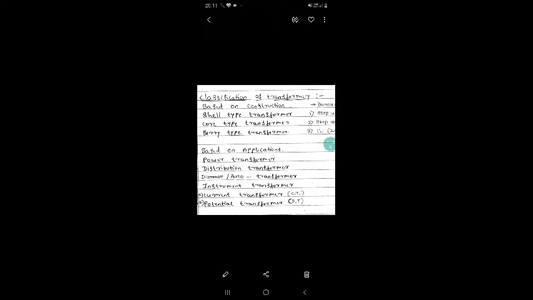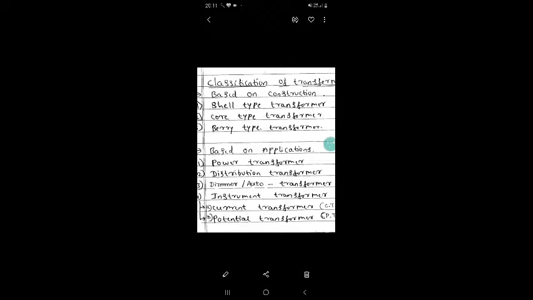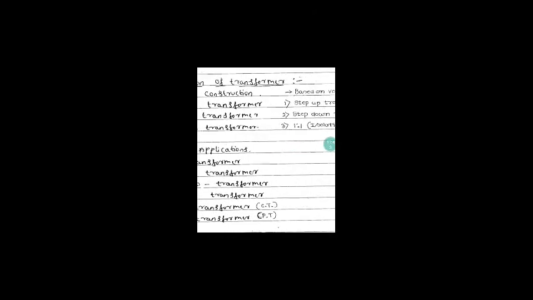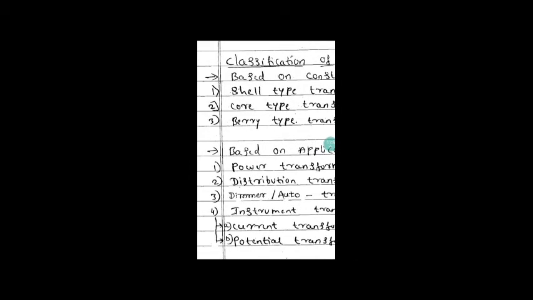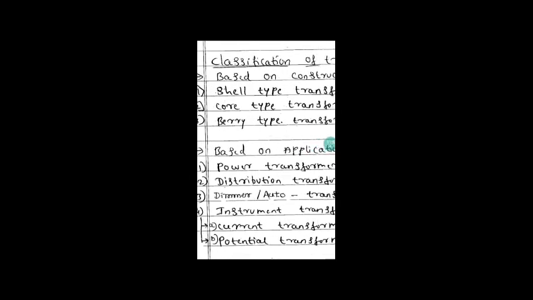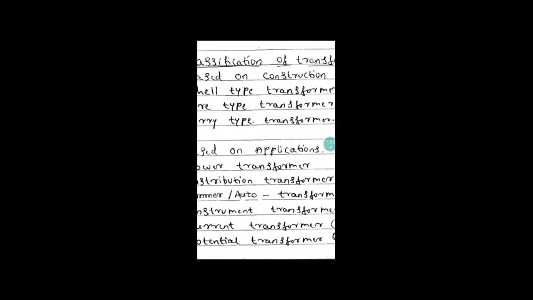The one thing we have forgotten is the classification of transformers. How are transformers classified? First, based on construction, there are three types: shell type transformer, core type transformer, and number 3 is berry type transformer. Then based on voltage level, there are three types: step up transformer, step down transformer, and 1:1, the isolation transformer, which is used in the lab.